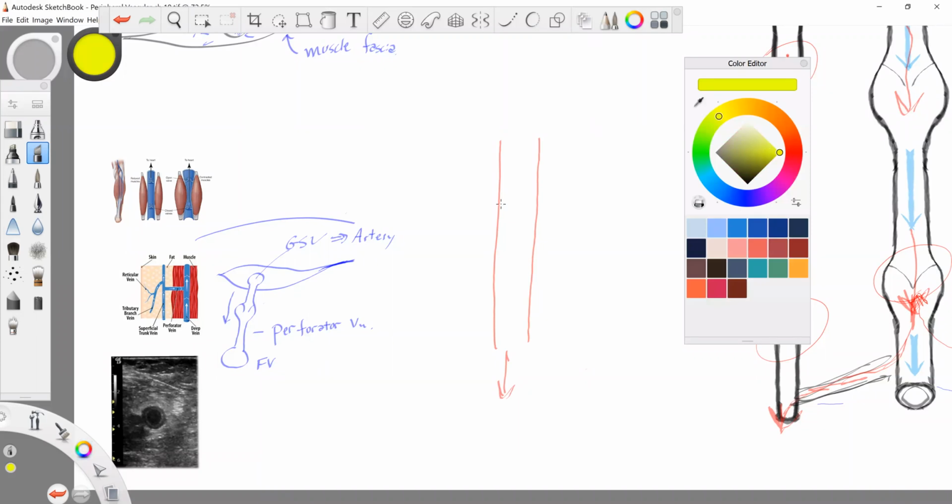Yellow for crud in the artery. And then blue for vein. So we attach up here and we attach back down here, right?